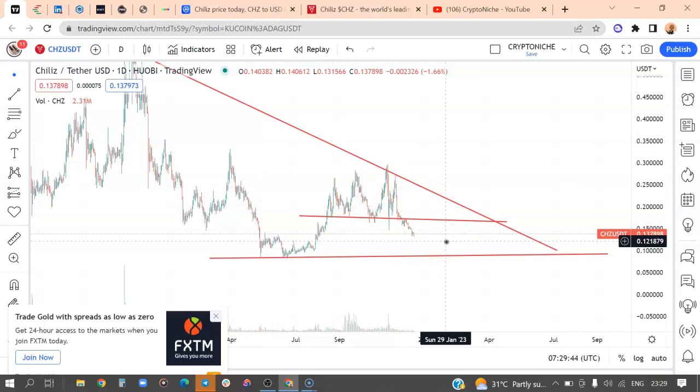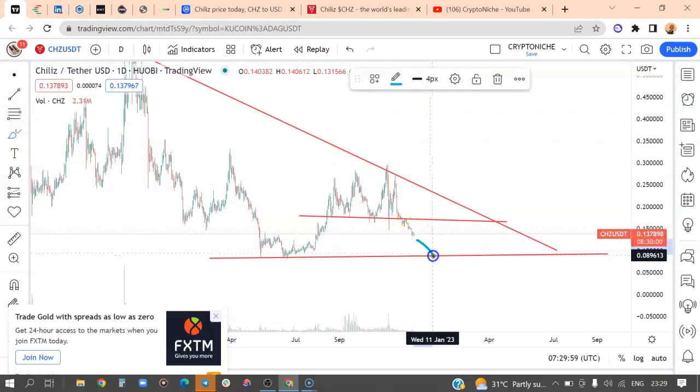So you're going to find Chiliz at 0.09 pretty soon. That could be January, possibly, but it's going to get there. So you're going to see a test of this support before you experience something like this.